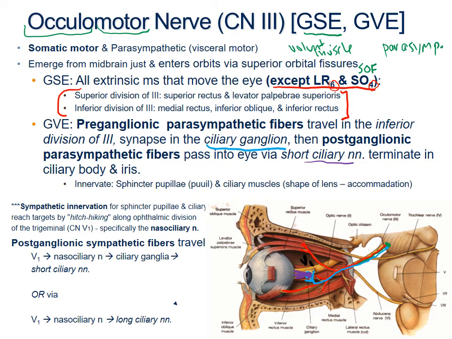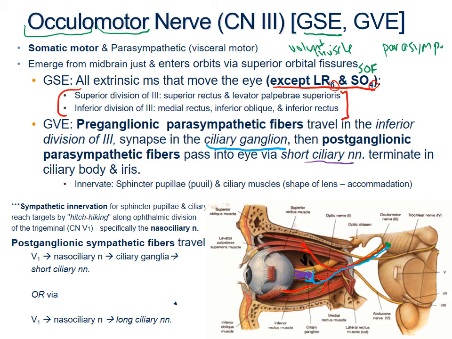help control the sphincter pupillae and ciliary muscles inside the eye. That helps to control the size of your pupil and then the muscles that change the lens of your eye. We'll go into that in more detail. But what you can see here is now we've introduced several different ideas.